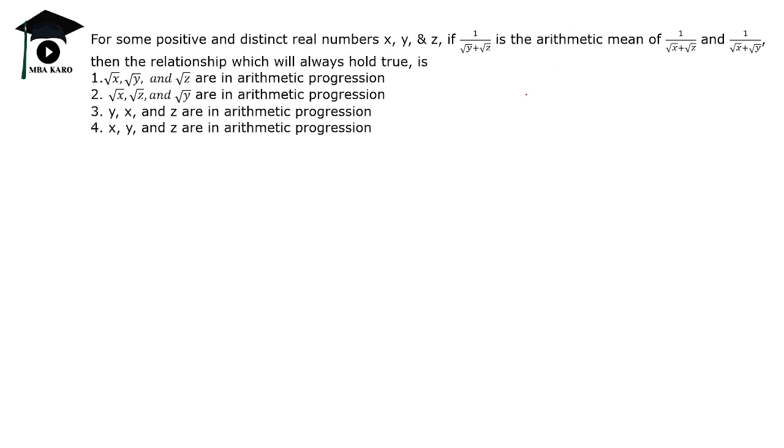So we have 1 upon root x plus root z, 1 upon root y plus root z, and then we can take 1 upon root x plus root y.